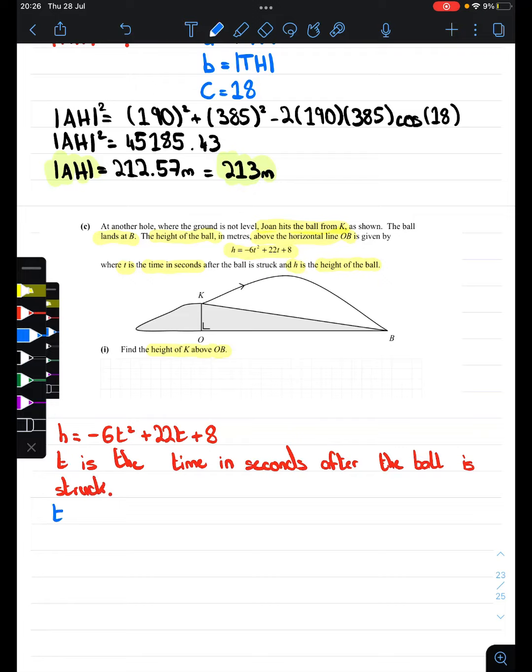So at t equals 0, before the ball is struck, the ball's at K. Let's try and use that to find what h is at K.